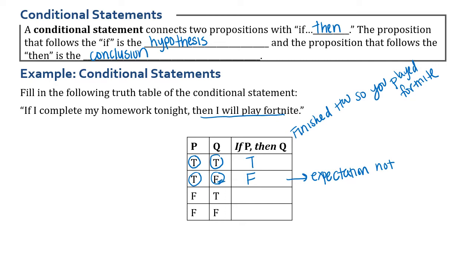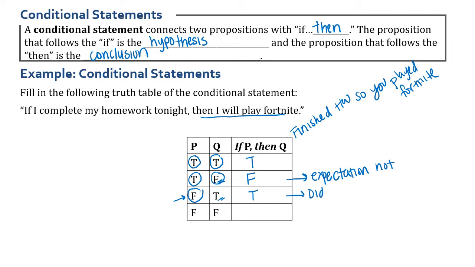Now these last two are a little tricky. If I complete my homework tonight, then I will play Fortnite. So this is saying I did not do my homework tonight, but I still played Fortnite. I would still consider this a true statement, and here is the reason why.